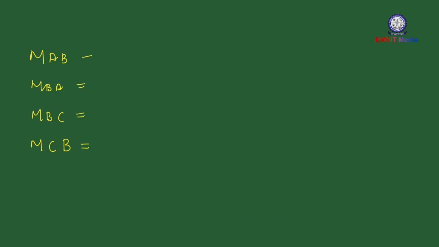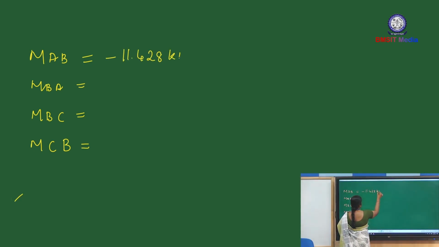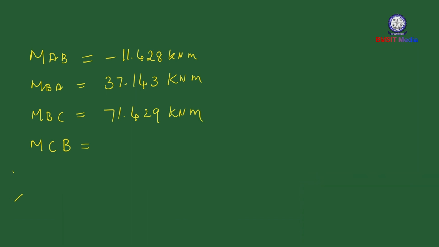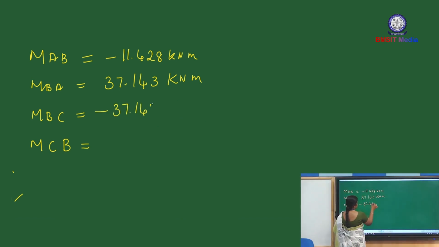So the answer is MAB equal to minus 11.428 kilonewton meter, MBA equal to 37.143 kilonewton meter, MBC equal to 71.429 kilonewton meter, then MCB equal to minus 37.143 kilonewton meter.